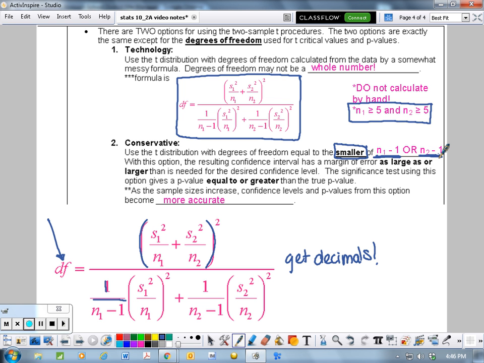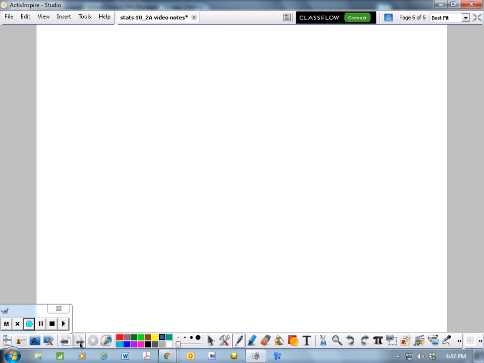That's okay, because it gives us a little bit of room to play with, and it helps us keep safe. So again, this is really more accurate, but this is good enough for what we're doing. If we were doing medical stuff, we'd be using technology that would calculate that out for us. But keep in mind, the bigger our sample sizes are, the more accurate our answers are going to be. So we'll be fine.